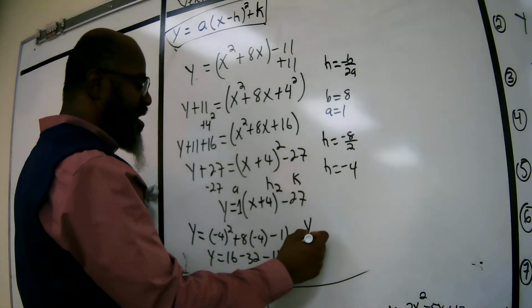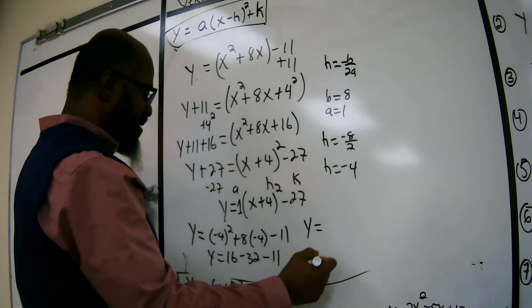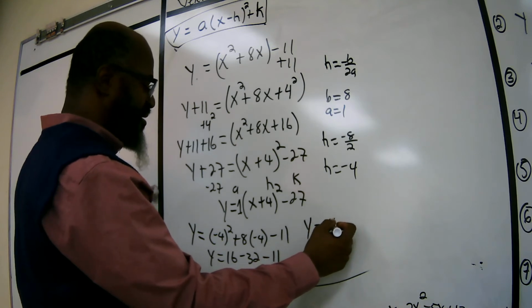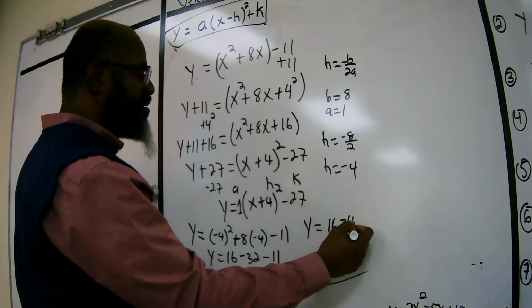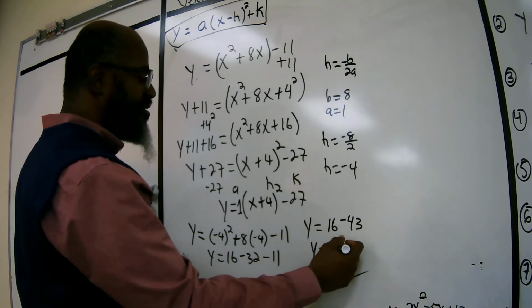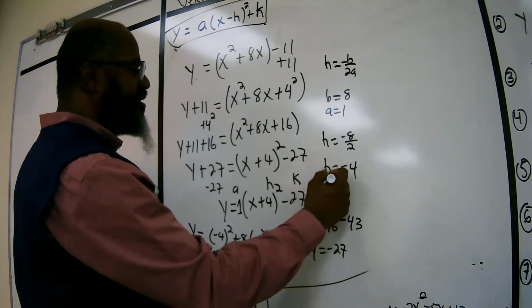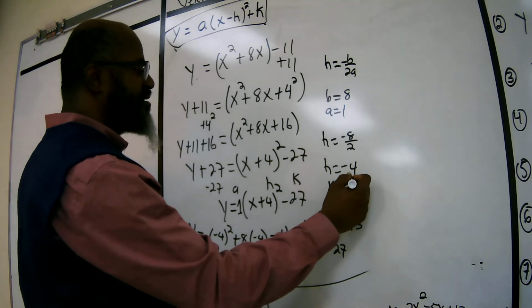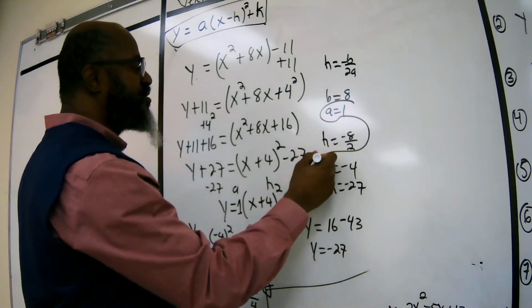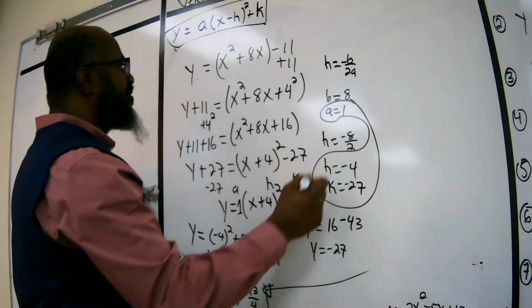And you will have y, which is k, equal to 16 minus 43. y is negative 27, which is k. k is negative 27.